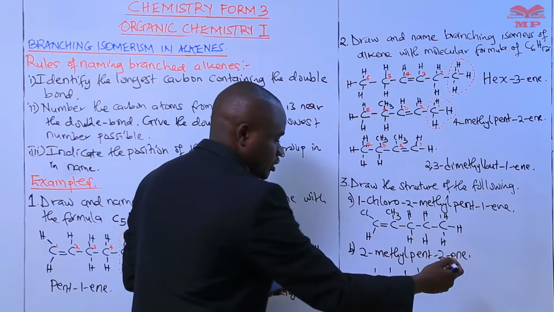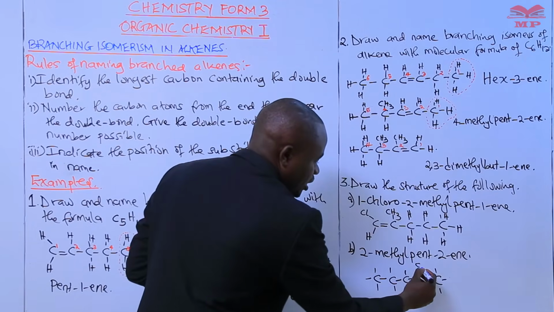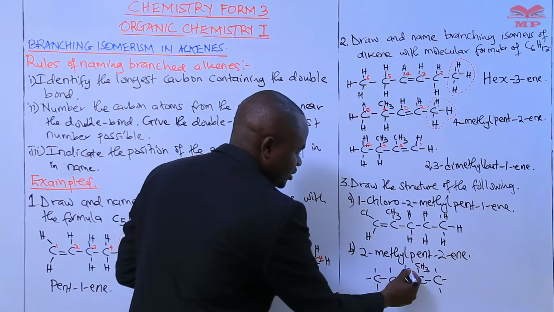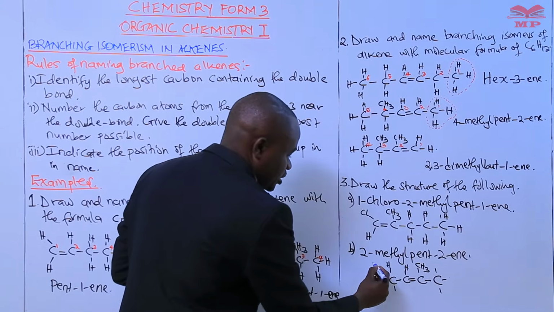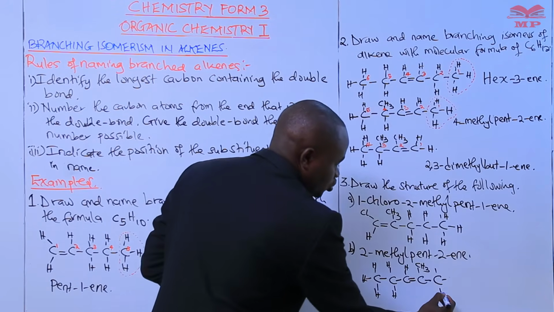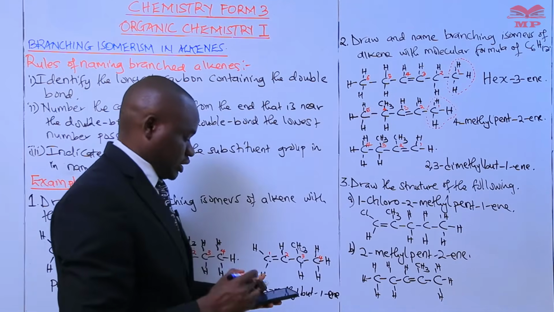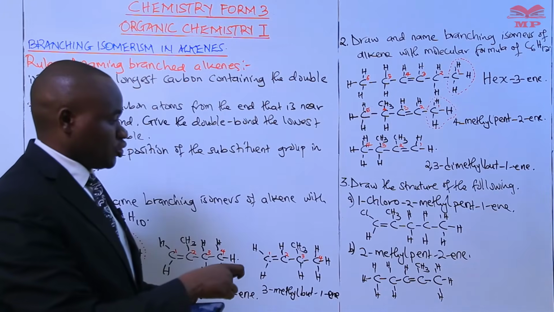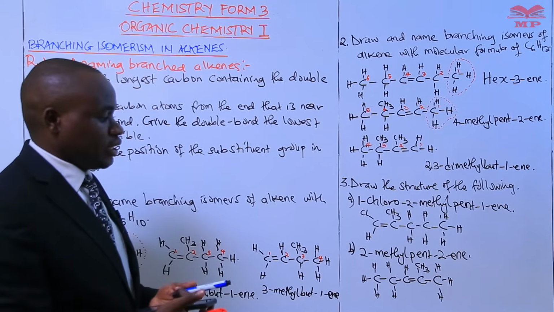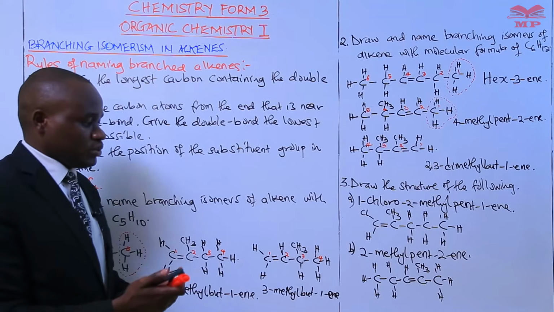From the right going towards the left, this is carbon number 2. So we put here a methyl CH3, like that. Then the rest will be hydrogen atoms, like that. So that is how we draw the structure of 2-methyl pent 2-ene. So we have come to the end of our lesson.